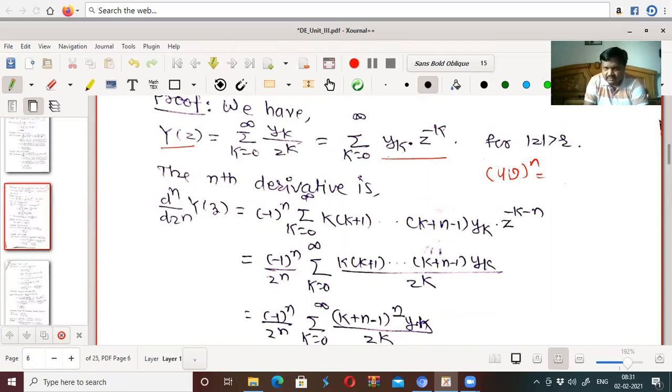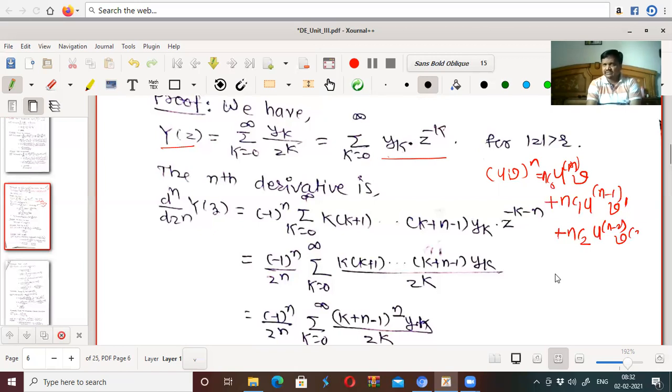It is the nth derivative of u into v as it is, plus nC1, that is the combination of n objects taken one at a time, these are coefficients, nC0 that is 1, nC1, n into the n minus 1th derivative of u into the first derivative of v, plus nC2 into the n minus 2th derivative of u into the second derivative of v, and so on up to nCn, the 0th derivative of u, that is u only, into the nth derivative of v.